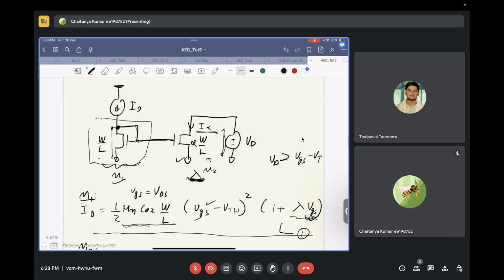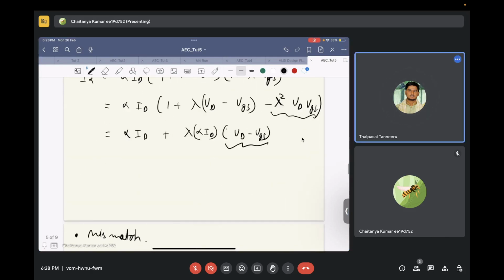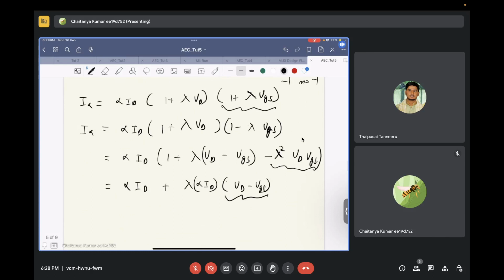So your VD minus VGS is basically the difference in the drain source voltage that these two transistors have. Do you understand? Yes, sir. So what you have over here is alpha ID plus lambda times alpha ID times delta VDS.